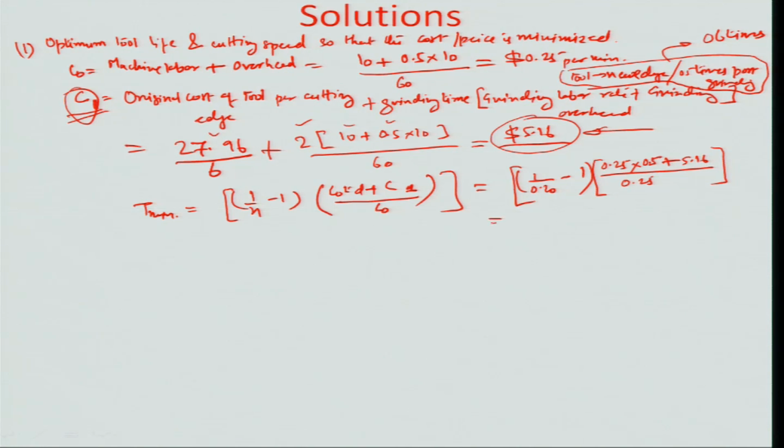So the total time, assuming the minimum cost model in this particular case, which indicates the tool lifetime, okay. So the tool life for the minimum cost model is about 84.56 minutes.